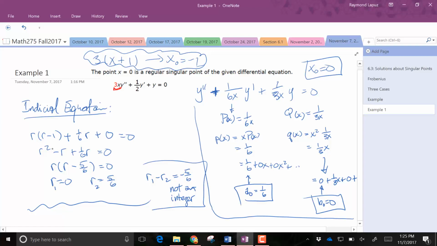This indicial equation is how you're finding your roots, and these R's help dictate what your solutions are going to look like. All right, let's figure out the first one.